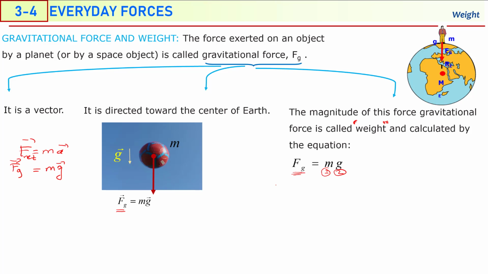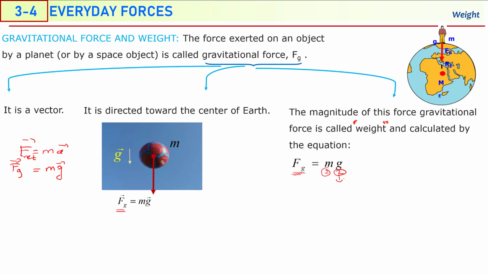Because the number of molecules of a specific object will not change, mass of an object does not change, even if you take the object from Earth to the moon, or from moon to Jupiter, or from Jupiter to some other place. But because g is different for every different planet, when you take an object from Earth to the moon, or from moon to Jupiter, or from Jupiter to Mercury, its weight will change.